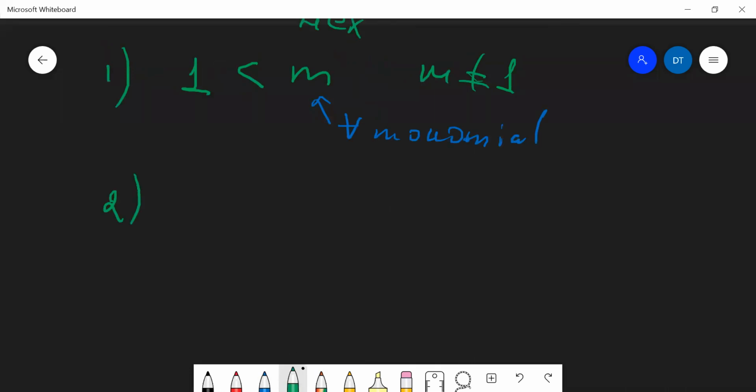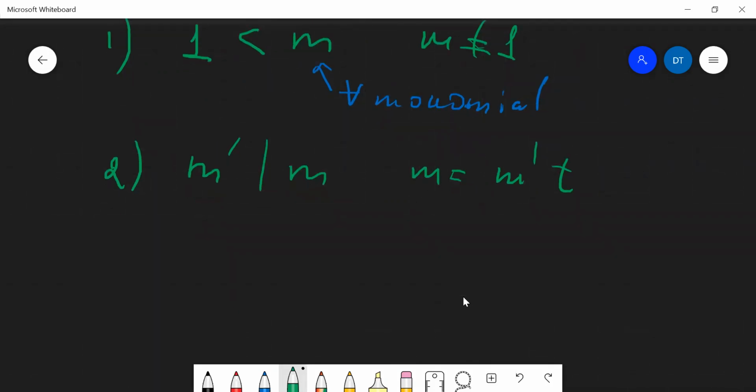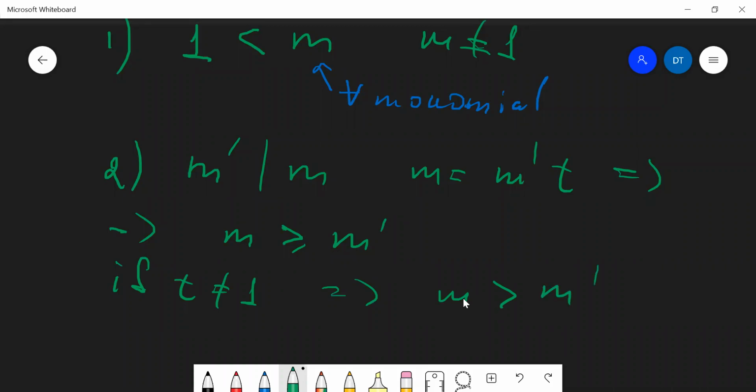The second thing: if we have two monomials and the monomial m prime divides m, that is m is equal to m prime times t, where all these are just monomials, then m is not less than m prime, and if t is not equal to 1, then m is strictly greater than m prime.